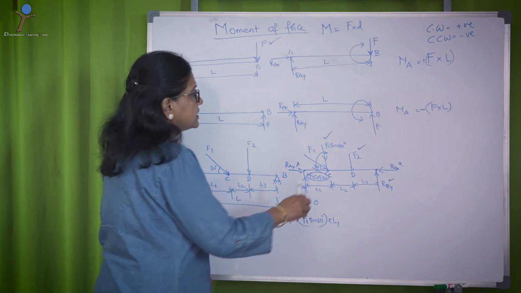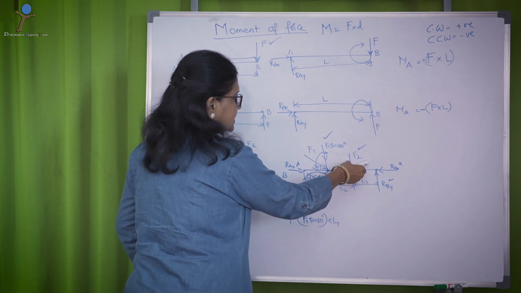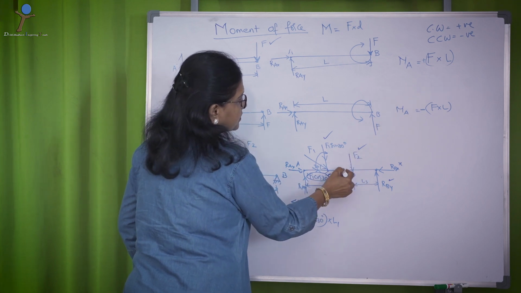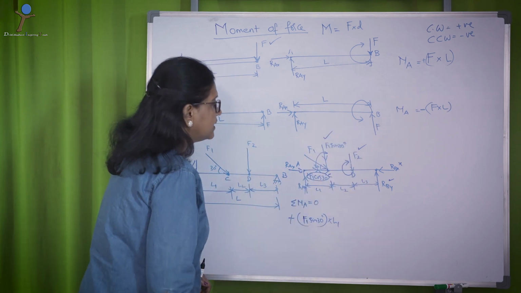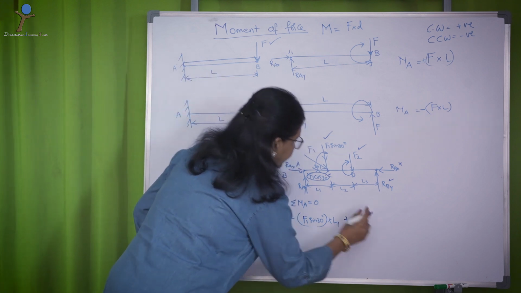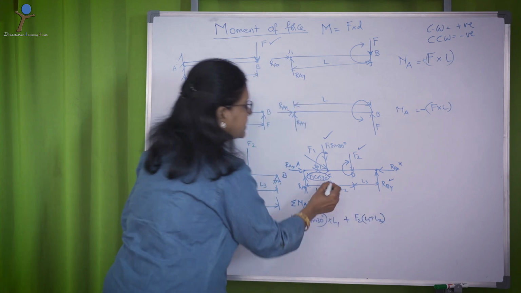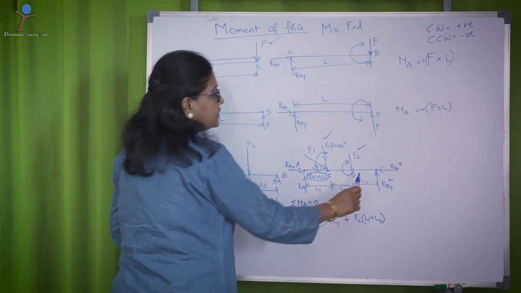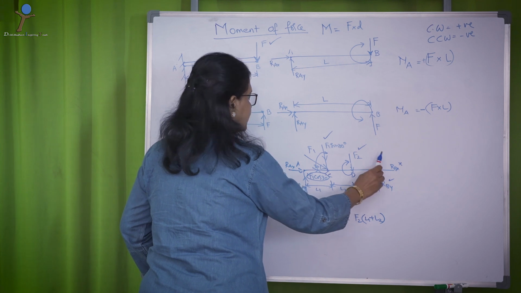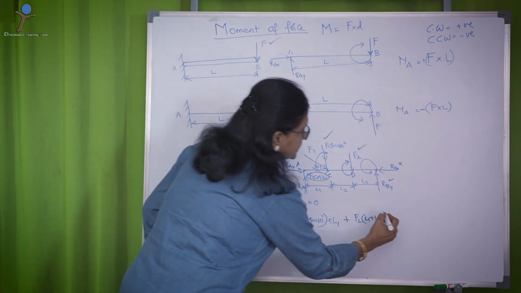The next one is F2, rotated towards the constraint A is again clockwise. So, plus F2 into L1 plus L2. Then you have RBY rotated towards A, which is anti-clockwise.